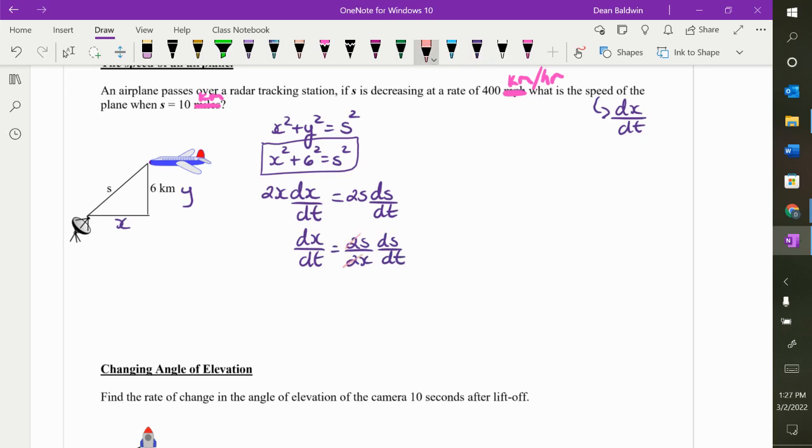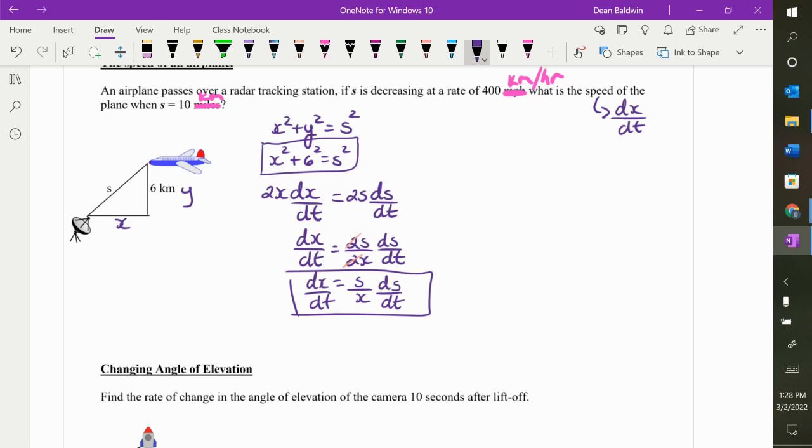They go away. Okay, so now I've got my formula. I just have to figure out what s, x, and ds dt are.